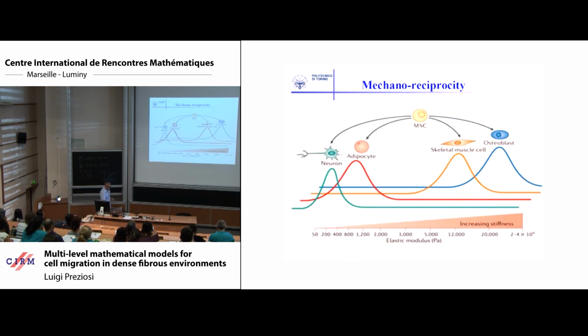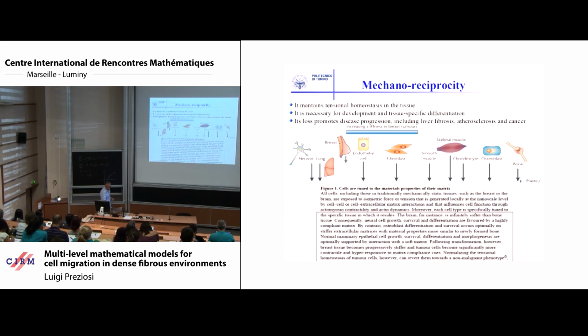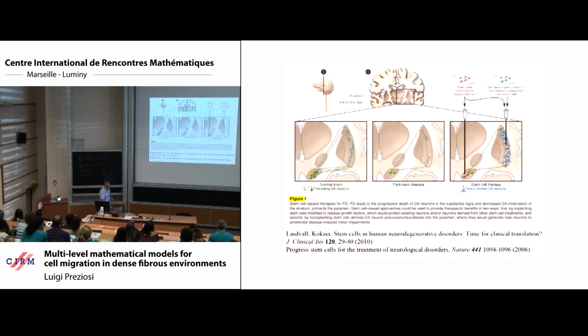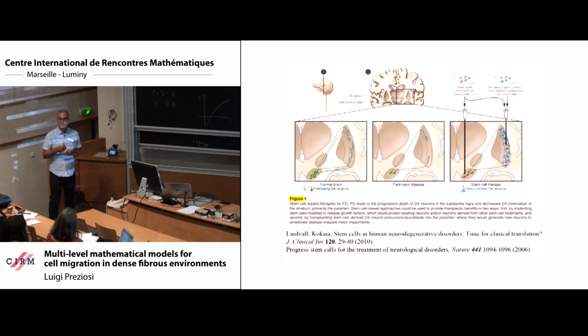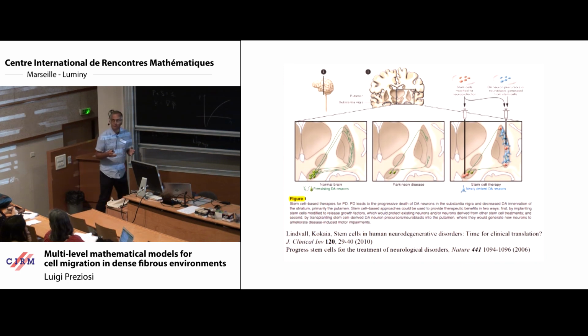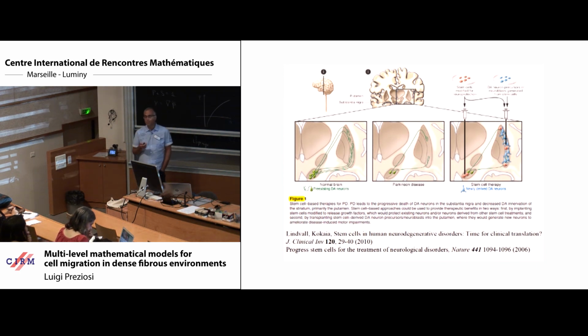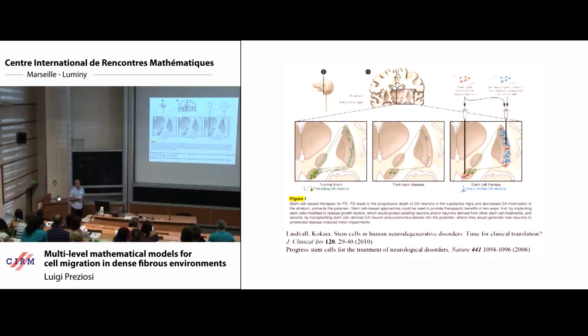Let me mention, this is one reason why, in principle, it would be very nice to have a cure for brain damage from Alzheimer's, or even from a car crash and so on. But the problem is that when you have damage in the brain, you have a scar. And the scar is, of course, stiffer than the tissue.